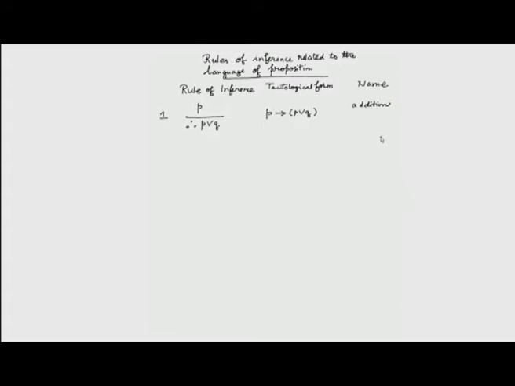The first one is called addition. Here we see that it is essentially P implies P or Q. Now, P and Q are propositions. P or Q is true if P is true.